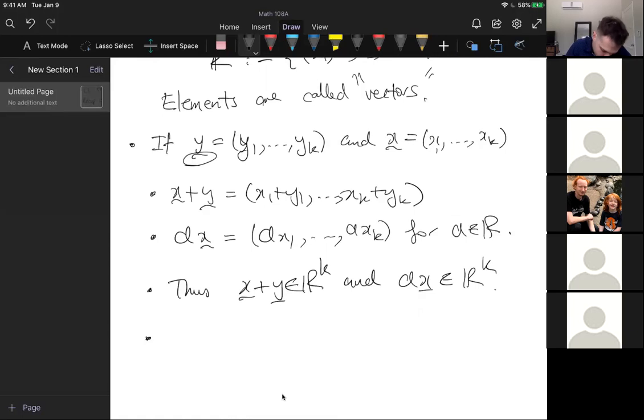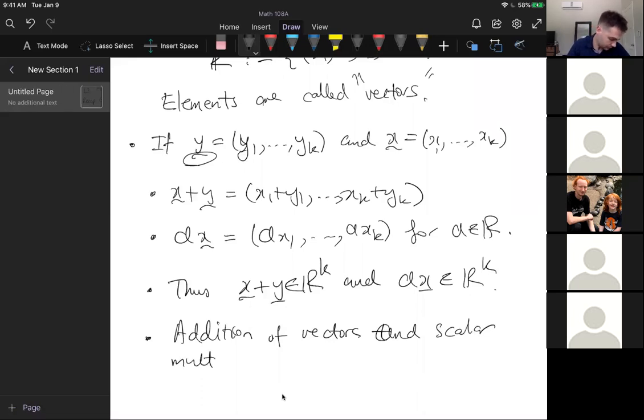Okay, so all the obvious axioms hold for this. What do I mean by that? I mean that addition of vectors and scalar multiplication satisfy commutativity, so all the good stuff, associativity, and distributive laws.